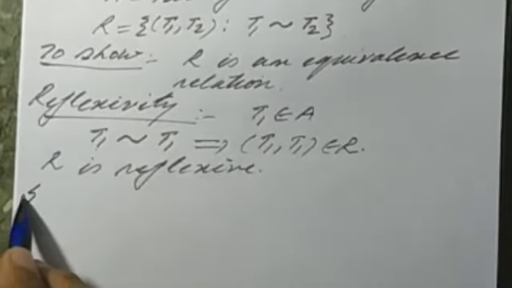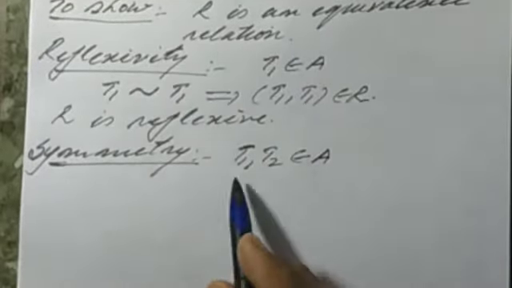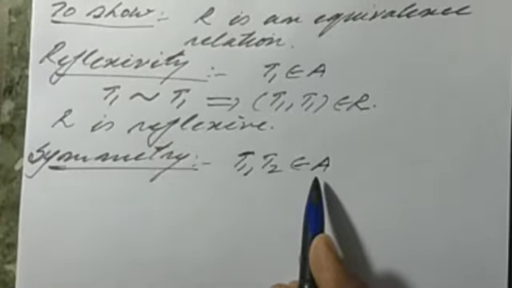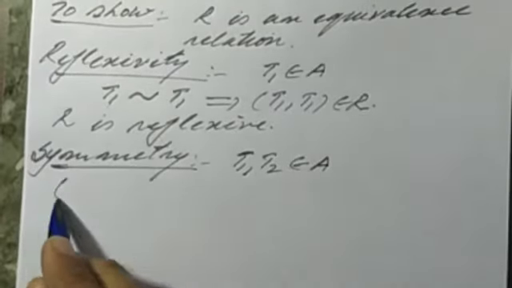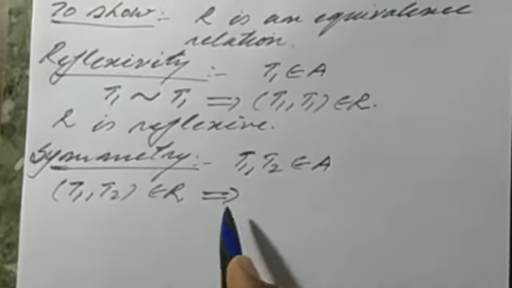Now let us talk about symmetry. For symmetry, let us take two arbitrary elements T1 and T2 from the set A. So these are two triangles T1 and T2 from the set of all triangles, that is set A, such that (T1, T2) belongs to R. According to the definition of relation, T1 is similar to T2.